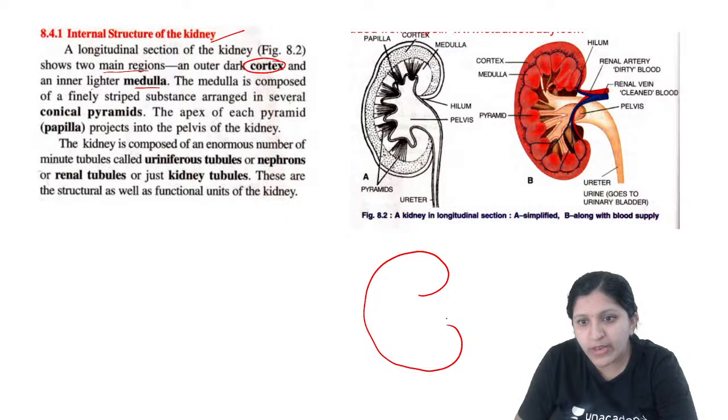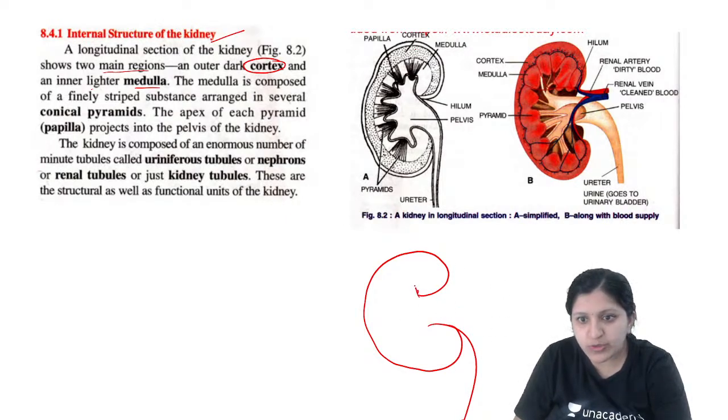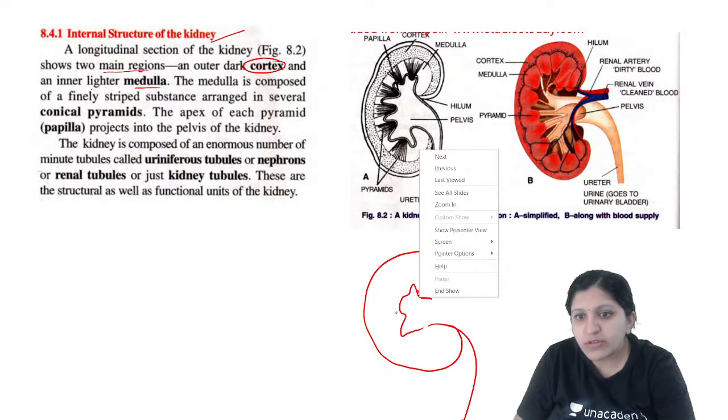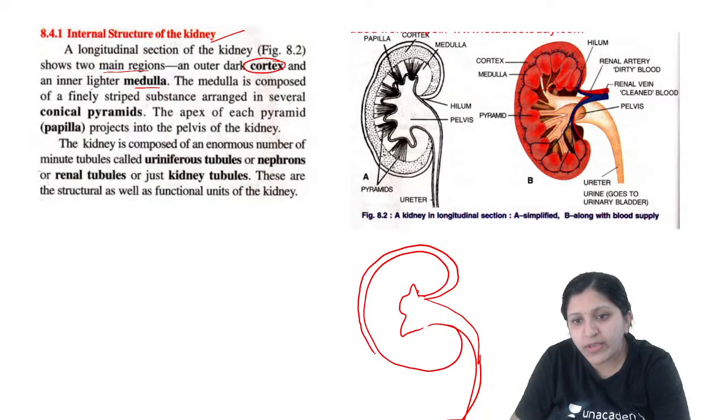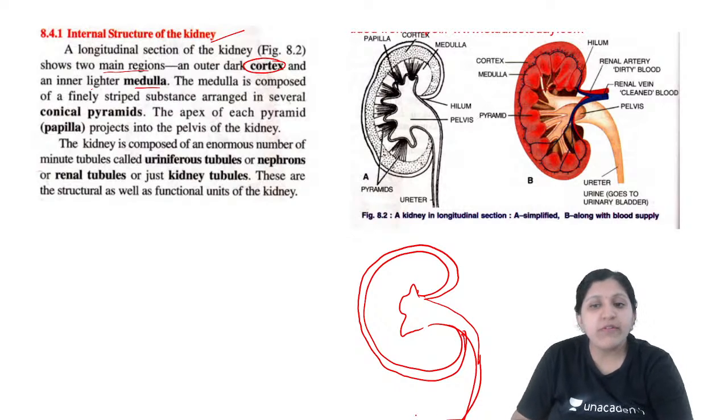Here you will draw the pelvis, and this one is the ureter which you are joining. For the kidney you need to draw this double covering, because there is always a protective covering.